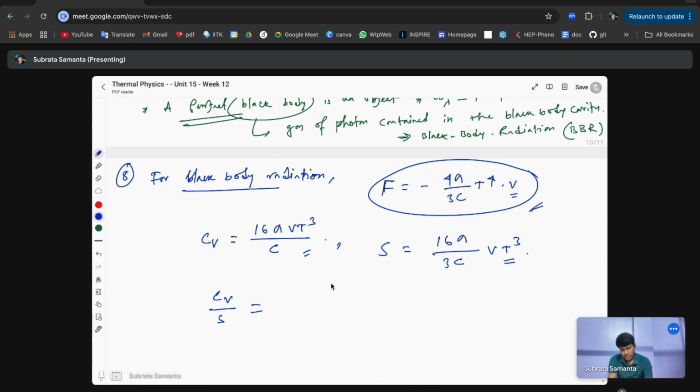Because Vt cube cancels, we are left with 16 sigma over c over 16 sigma over 3c, which is basically 3. So Cv over S is 3 for black body radiation.